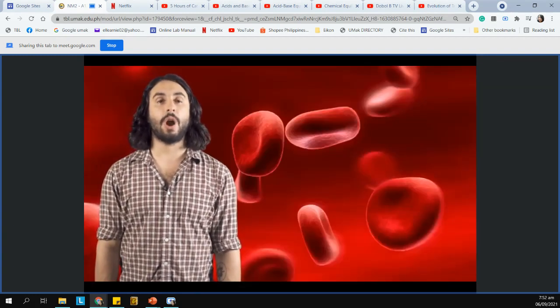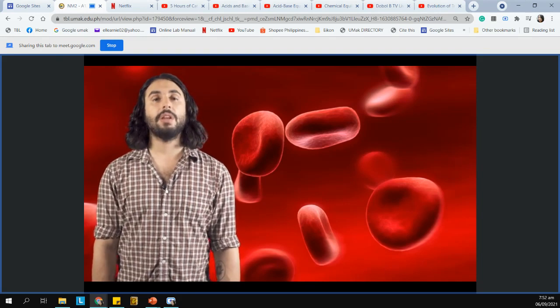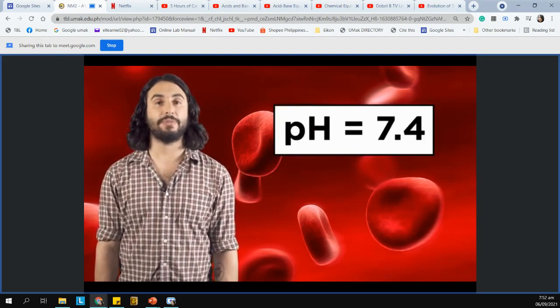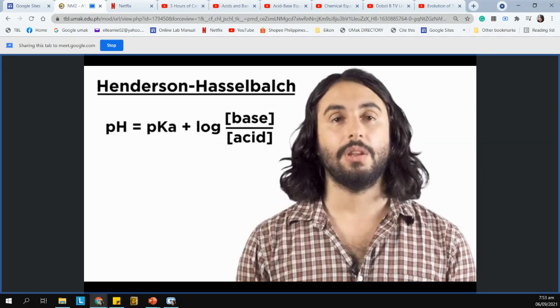Many biological fluids are buffer solutions because they must maintain a steady pH to avoid loss of critical biological function. The bloodstream, for example, maintains a pH of around 7.4. Otherwise, its capacity to carry oxygen around the body would be lost.